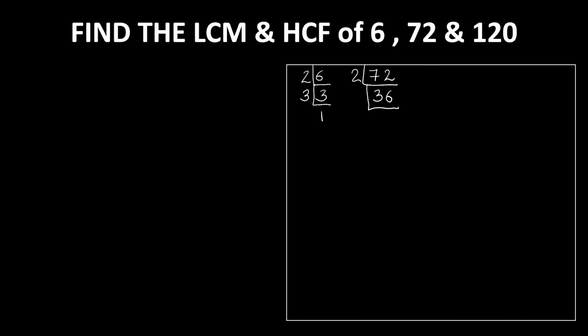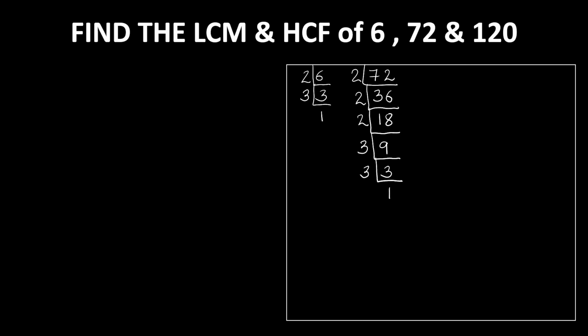And now 36, if we divide it by 2, we are going to get 18 as a quotient. Again, dividing 18 by 2 will give us 9 as a quotient. And dividing 9 by 3 will give us 3 as a quotient. Finally, we will divide 3 by 3 in order to get 1.